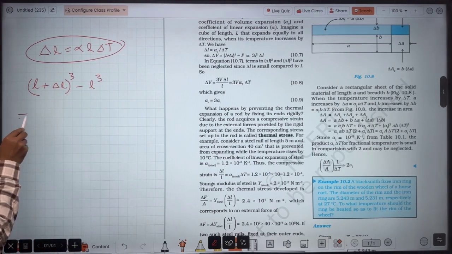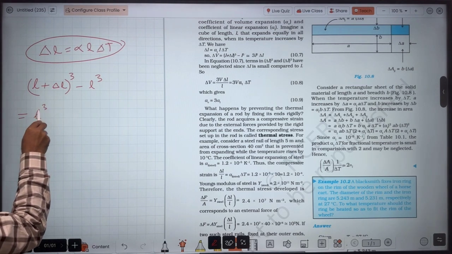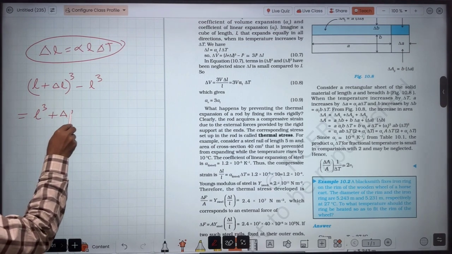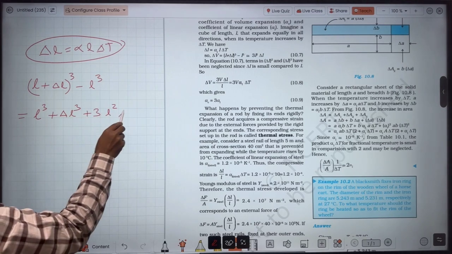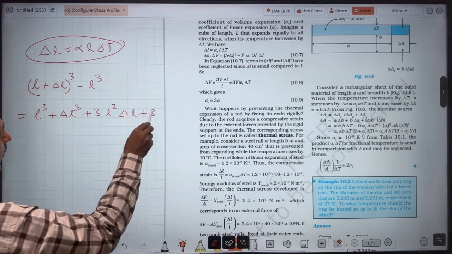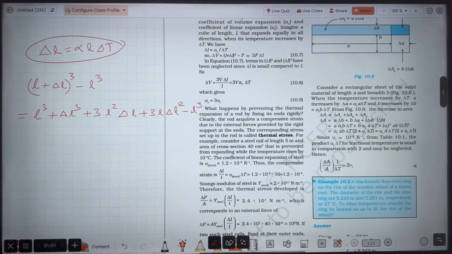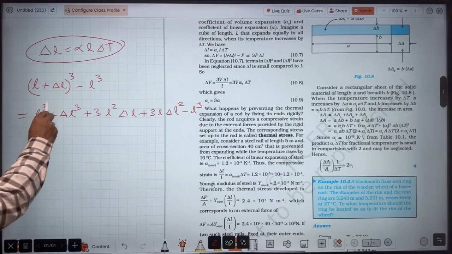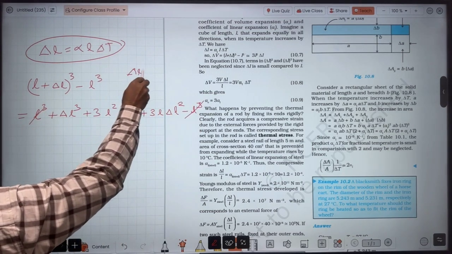If we open the bracket, what is the formula? A plus B whole cube: L cube plus delta L cube plus 3L square delta L plus 3L delta L square, minus L cube, right? So L cube will cancel out, and delta L is very small.